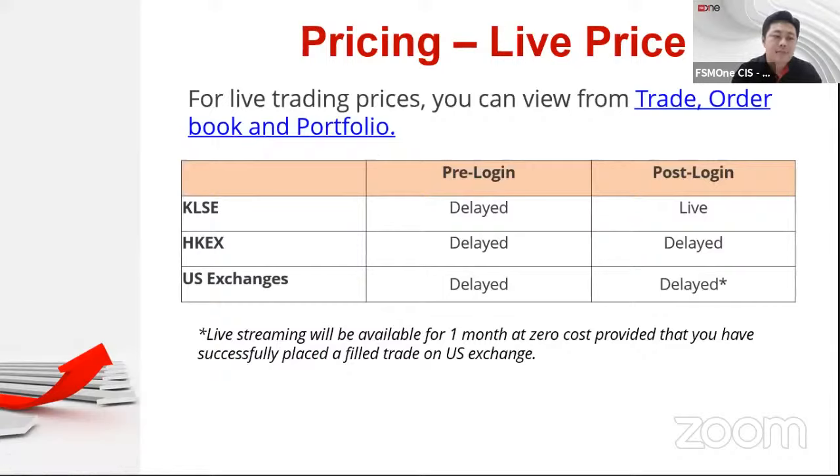Other than that, all our website will display 15 minutes delayed pricing. As you notice here, KLCI is the live price, and for Hong Kong Exchange, even if you log into these three tabs, it will be delayed 15 minutes. And for the US market, by default, it will be delayed 15 minutes.